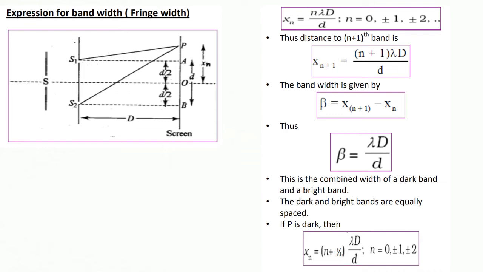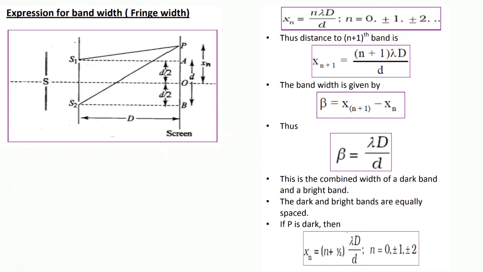The bandwidth is given by beta equal to Xn plus 1 minus Xn. That is, beta is equal to lambda D divided by small d. This is the combined width of a dark band and a bright band. The dark and bright bands are equally spaced.